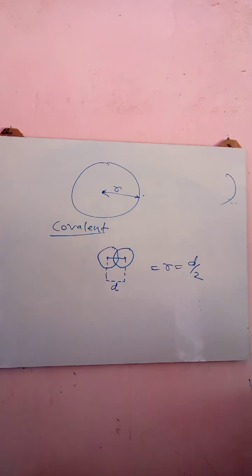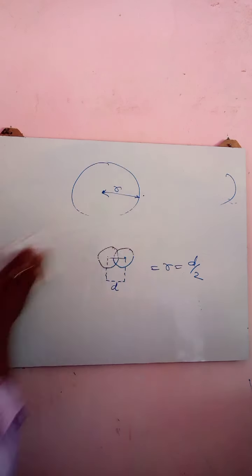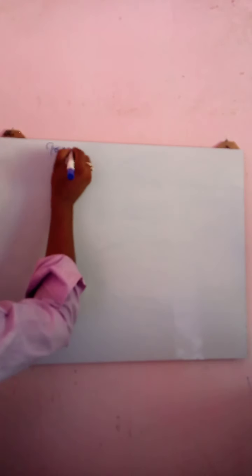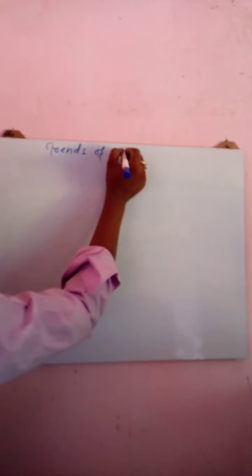Many other explanations are given related to atomic radius like ionic radius, van der Waals radius. In higher classes you people will understand about them. Now come to trends of atomic size.